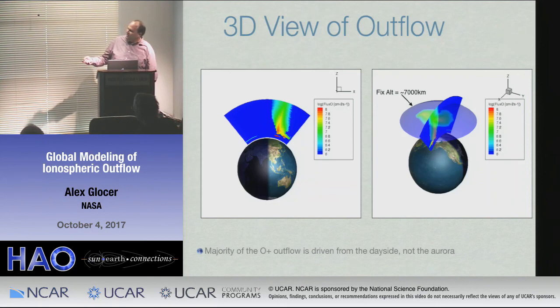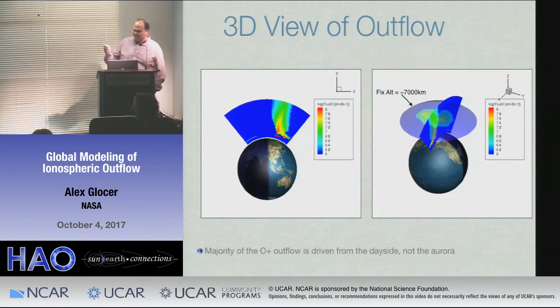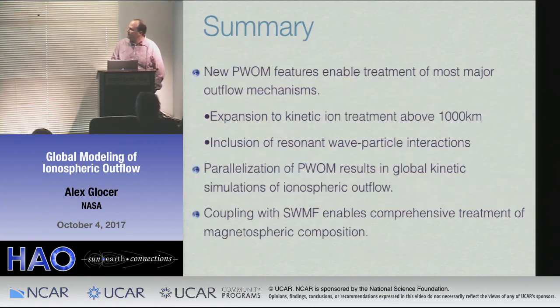But you can actually see that outflow is being dragged across the polar cap. And so just because you're accelerated down here, when you see outflow up here, you always have to remember the transport time, that the convection speed is going to transport this accelerated plasma across the polar region. So that's obvious, but I thought it was a nice visualization for it.